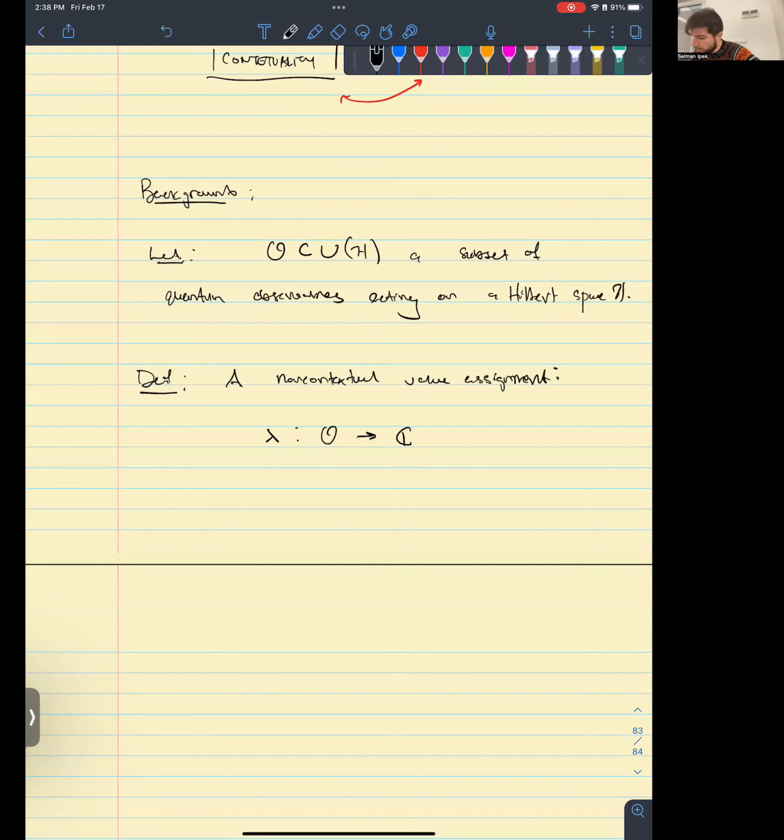What I have in mind is the eigenvalues of an operator. The eigenvalues of the Pauli spin matrices are, for example, plus or minus 1. So we want to think of a non-contextual value assignment as sending an operator to one of its eigenvalues.